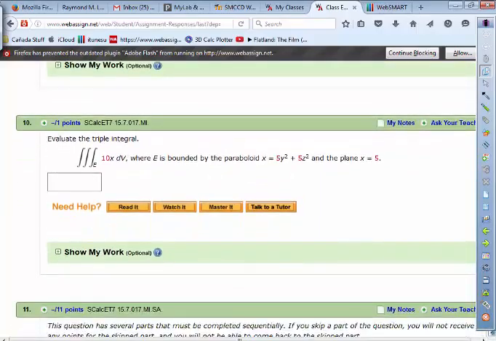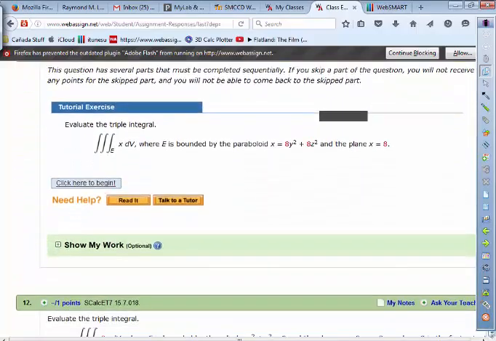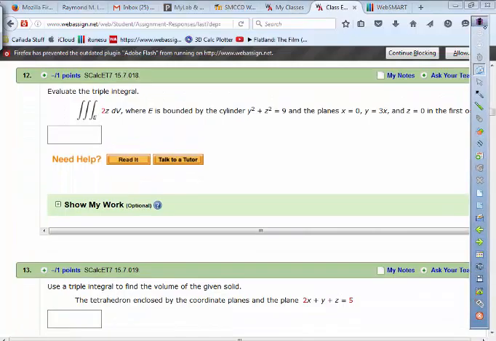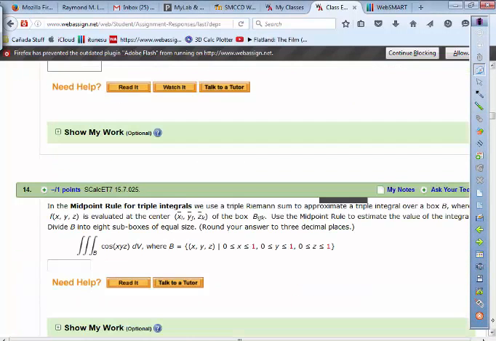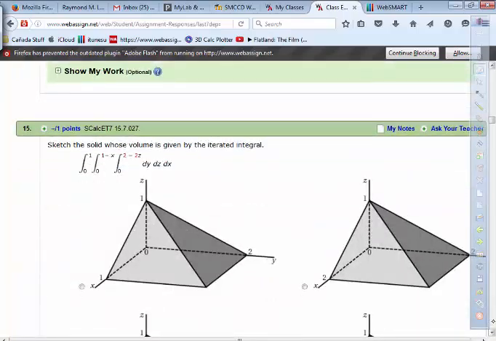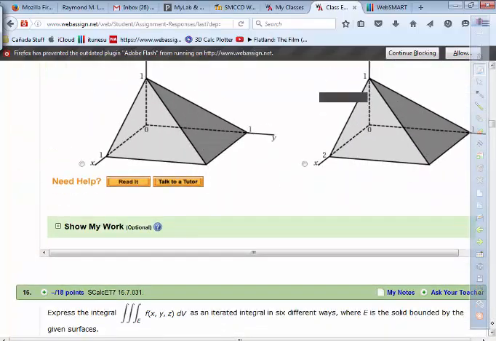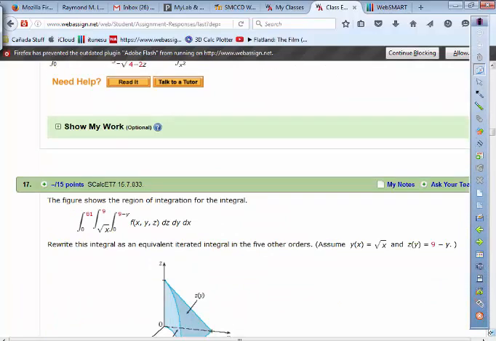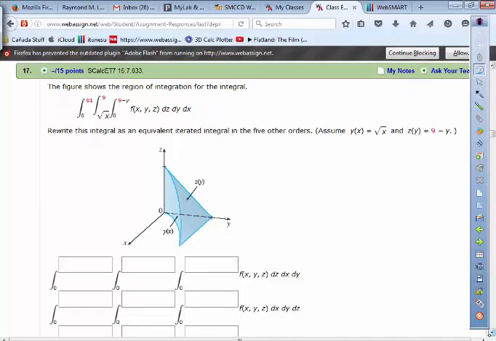So that's another one that I really wanted to do. There's one more where they want you to set things up in different coordinate systems. Sketch the solid. Ooh, look at that. Number 17. Let's do number 17.